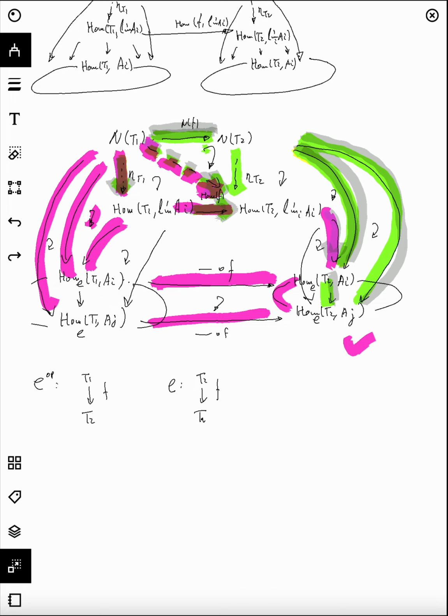This is a commutative diagram because this is a natural transformation from n to Hom(-, A_I).